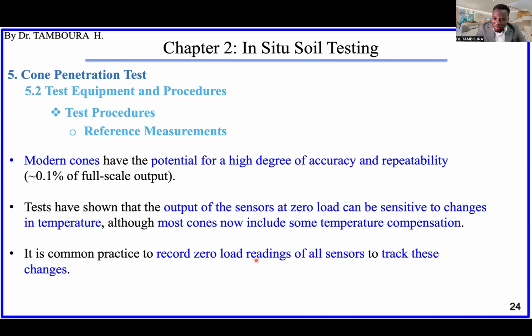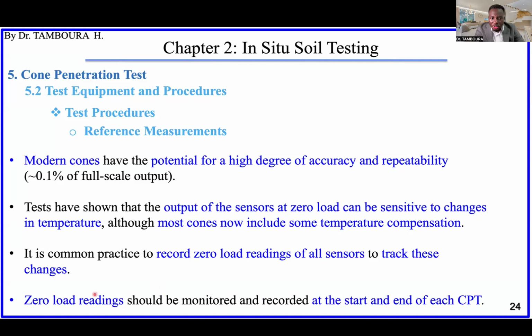All the sensors, and you track any change in these values. Zero loading readings should be monitored and recorded at the start and at the end of each CPT. So after the end of the test, you do a zero loading reading again to check if there is any change.